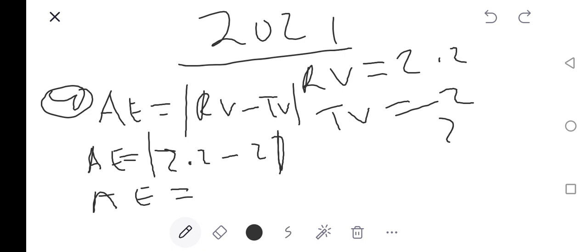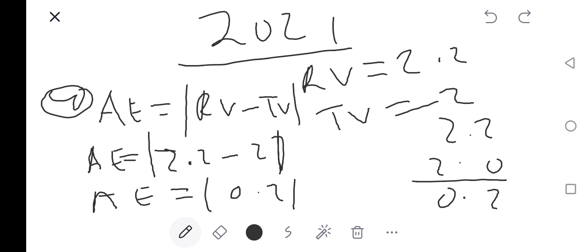You subtract 2.2 minus 2, so it's 0.2. As you can see, everything should come out positive, so the answer is just 0.2. That's our absolute error in centimeters.